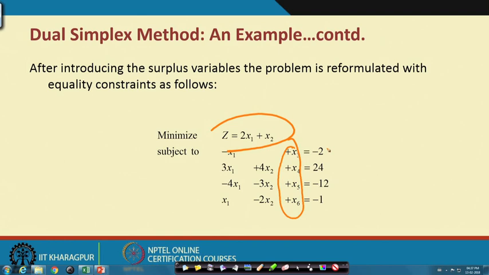So, the first step in the dual simplex mechanism after the transformation is that at least one of the b coefficients, that is the right-hand side constants, should be negative, and that will give you the indication about the outgoing vector. After that we will calculate the cost coefficient and then look for the incoming vector, then check the optimality.